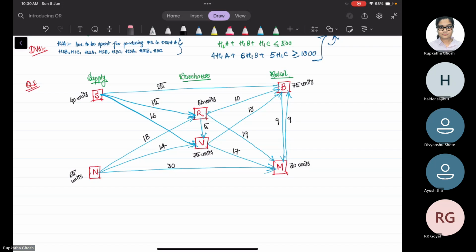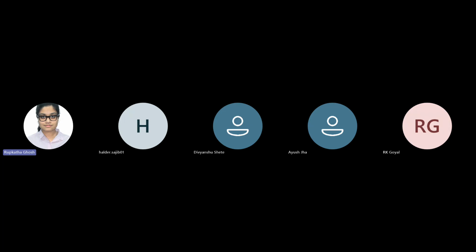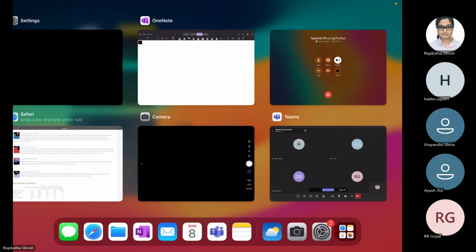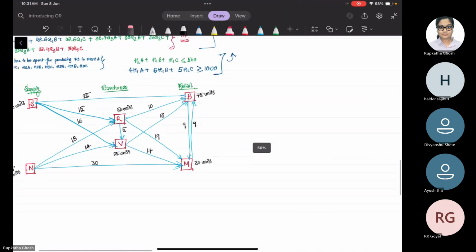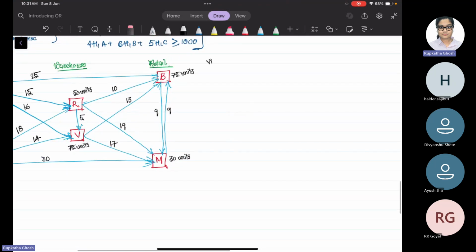So now, the first thing first, I'll just do it simultaneously. What is happening? It's getting locked out. So what we'll do is, we'll first write the verbal formulation, okay?